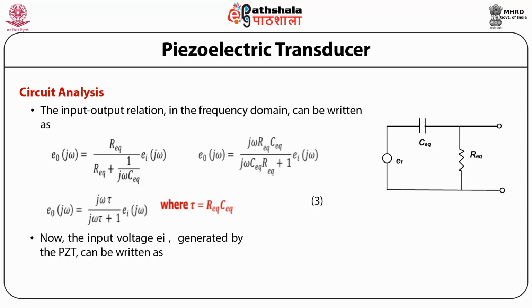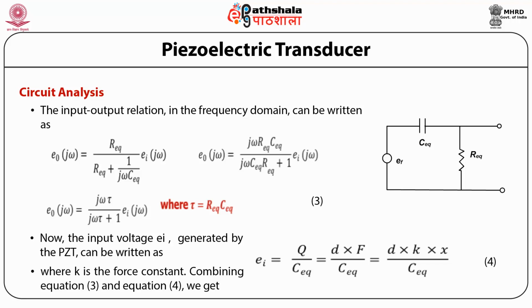Now the input voltage Ei generated by the PZT can be written as Ei = Q / C_eq = d F / C_eq = d k x / C_eq, where k is the force constant.